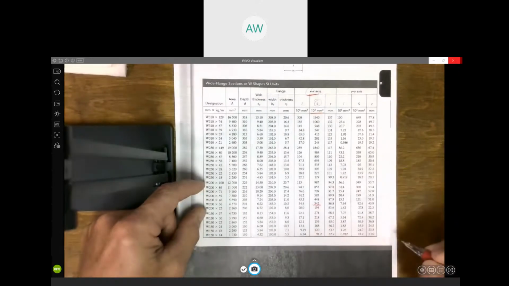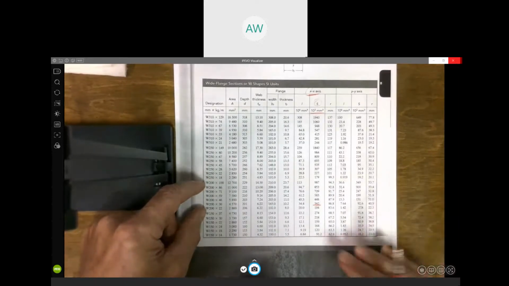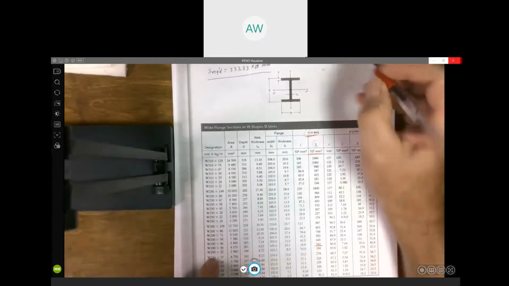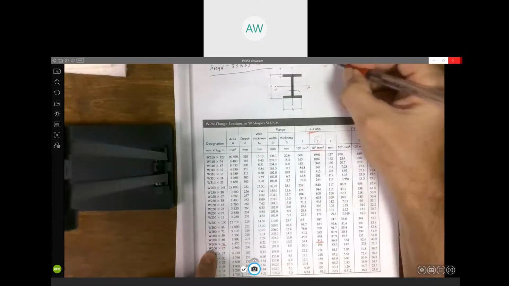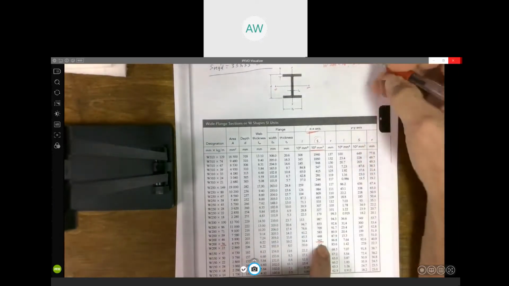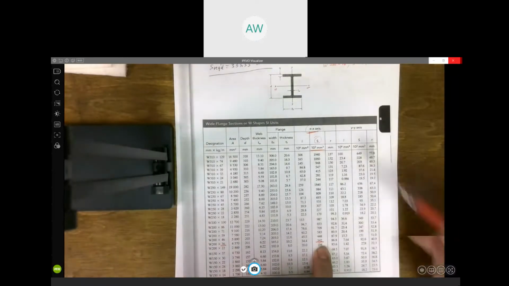That's bigger than 333. Right, so I've got this, come up here and write, that's a W200 by 36, and its S is 342, and that's all understood.